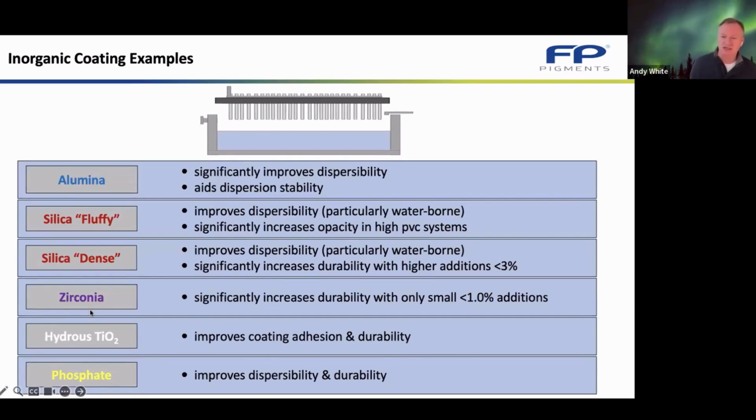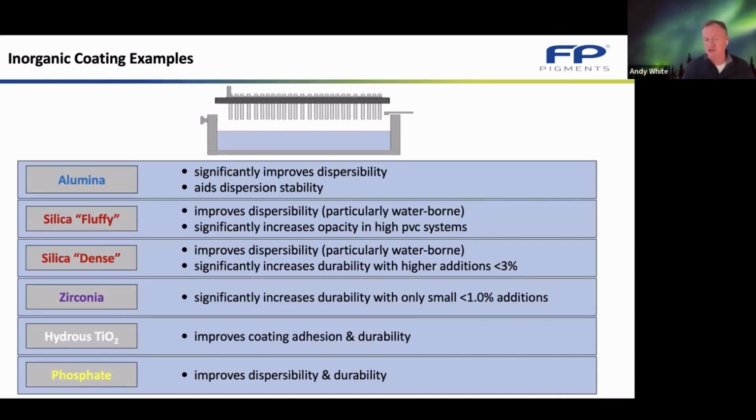Zirconia is used for durability improvement, but works in an entirely different way to the dense silica. The dense silica is like sunglasses. It wants to stop the UV light getting to the TiO2 and having free radicals produced inside the TiO2 that can break down the polymer. Zirconia is a free radical scavenger.